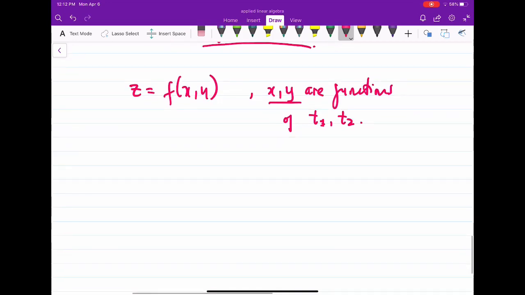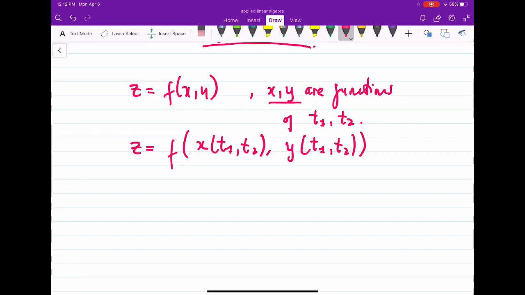Now you want to change. You don't want to work with x, y. You want to work with t1, t2, right? So basically, if you want to do that, you have z equal to f of x(t1, t2) and y(t1, t2). And your function z right now depends on t1, t2.